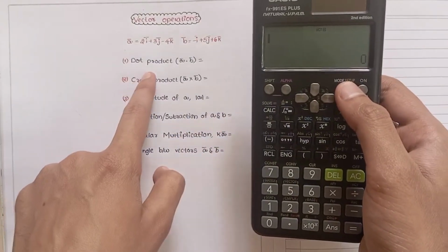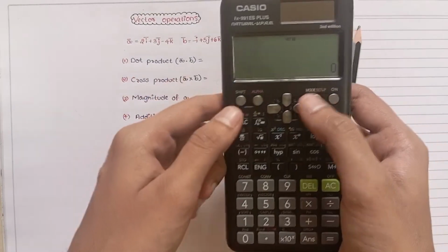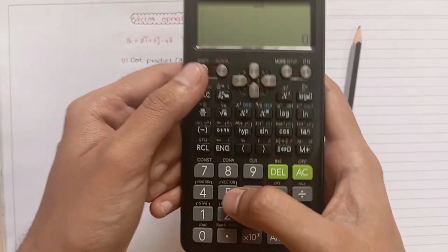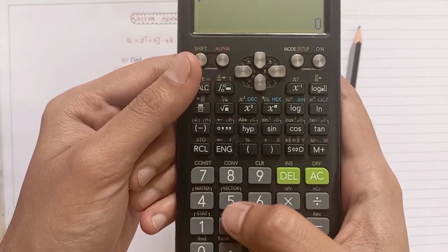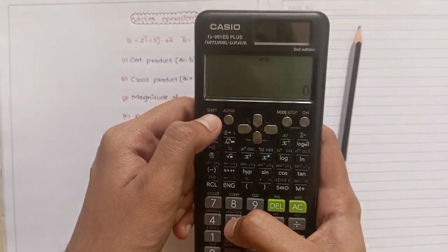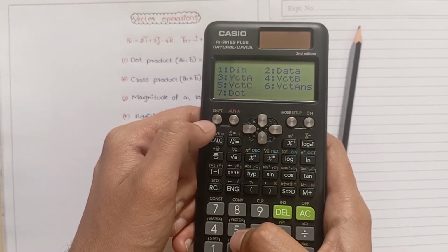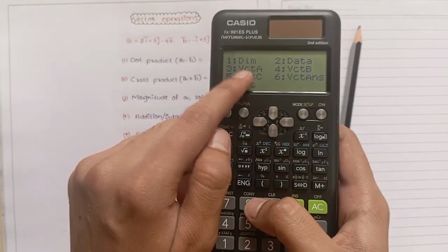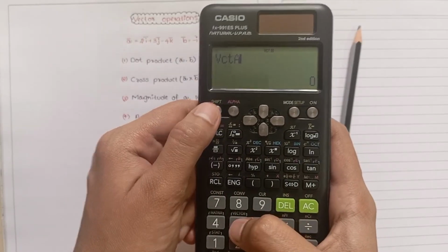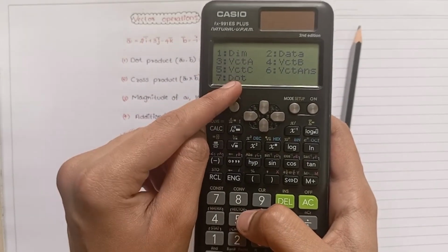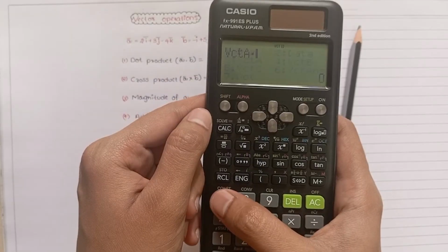First we will perform dot product of two vectors. Press shift plus 5. Here we will see the vector option on number 5. We will get these operations. So first select vector a, third. Now again shift plus 5, dot. Here we see the dot option. So press 7.